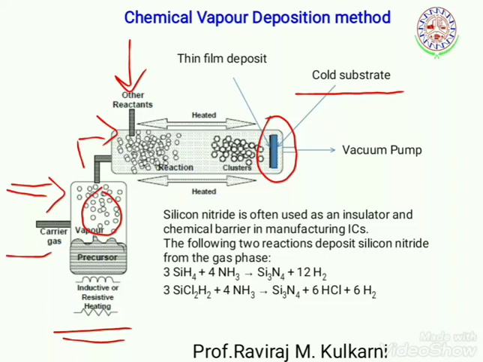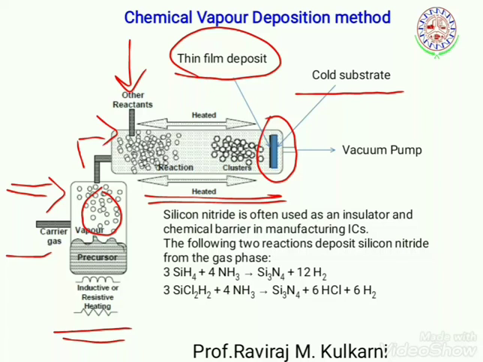So the deposition takes place, and you get a thin film here. Usually the chamber is heated. This chamber is very hot, it's a heated chamber, except this substrate. The substrate is cold, so that the deposition takes place on the substrate.